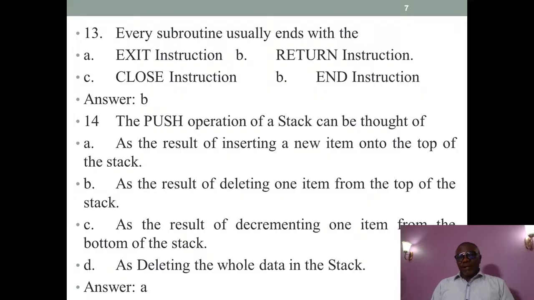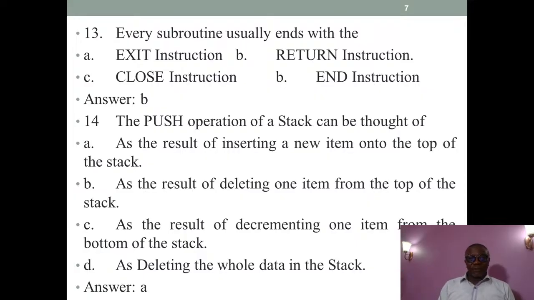Now, when you want to collect that information, if you want to do it sequentially, you will remove the one on top first. That one on top is the last one that came. So what you are doing is last in, first out.